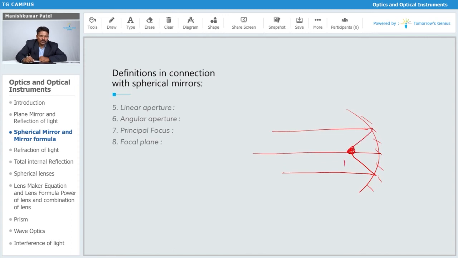So this is your principal focus, and the focal plane is nothing but the plane which I can show over here. That plane consists of all the points at the same distance; that plane is perpendicular to the principal axis, which we are going to call the focal plane.